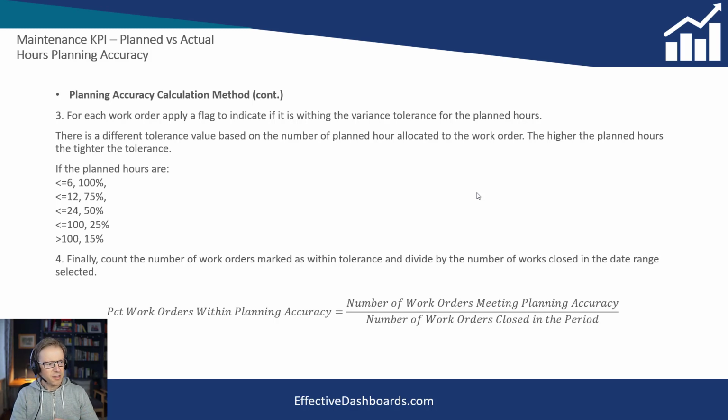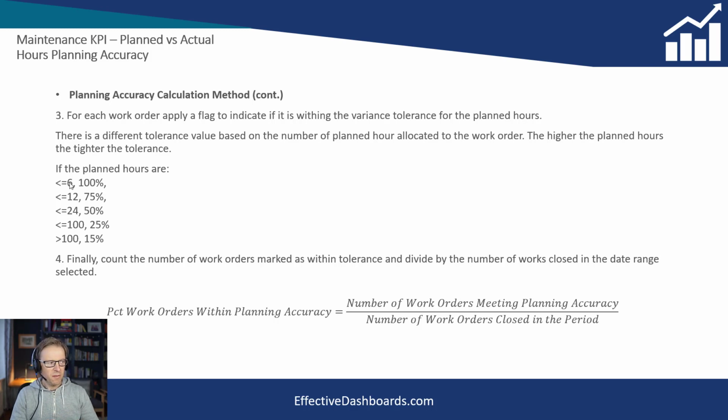But what I've done here is I'm going to talk you through setting up 5 levels. And you can play with these figures here once the template's in place. So if it's below 6 hours or equal to 6 hours, we're going to be able to accommodate 100% of a tolerance. Okay, so somebody could actually book 1 hour, probably 0 hours, really 100%, but 1 hour up to 12 hours, and it's still going to be within tolerance.